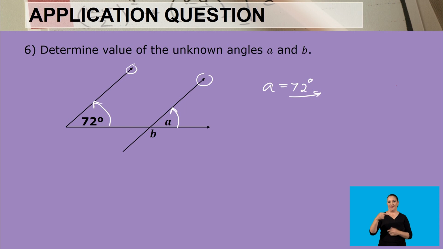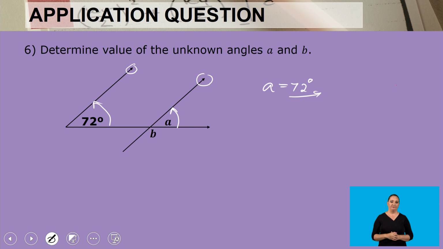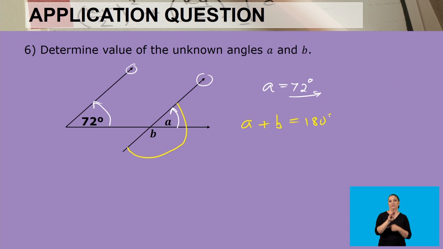Let's look at angle B. Let's use a different color. Angle B and angle A are sitting on a straight line, and therefore angles on a straight line are supplementary. So angle A plus angle B equals 180 degrees.